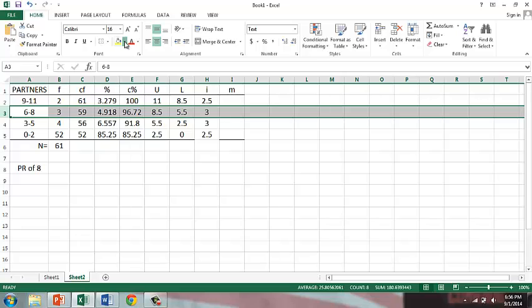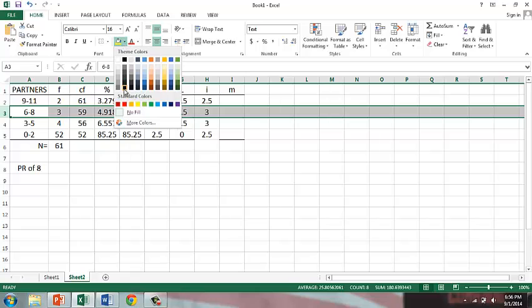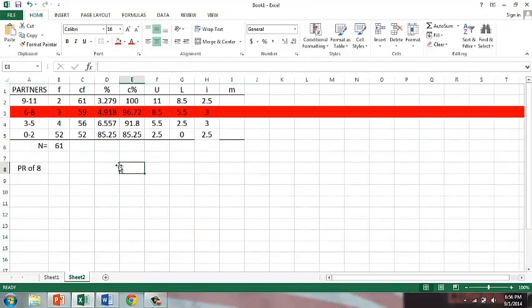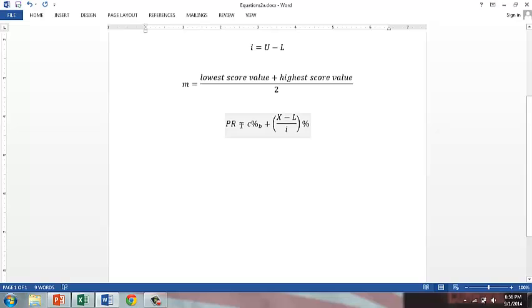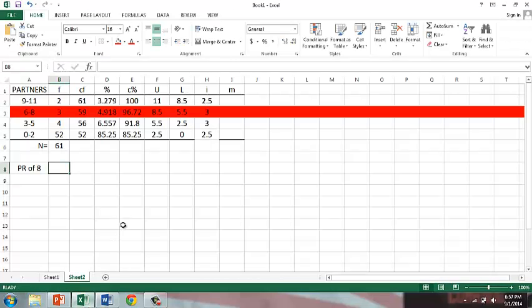I'm going to go ahead and highlight this row just to make it easier to keep track of. Now, the first thing we need is the cumulative percentage below the critical interval. Here's the cumulative percentage column. 91.8% is the cumulative percentage below the interval of interest.